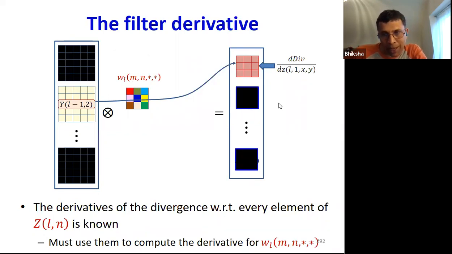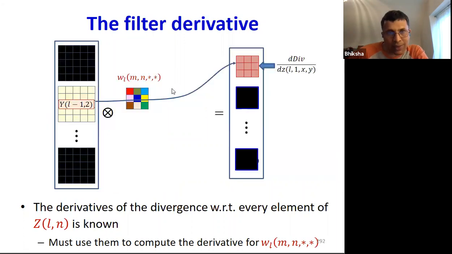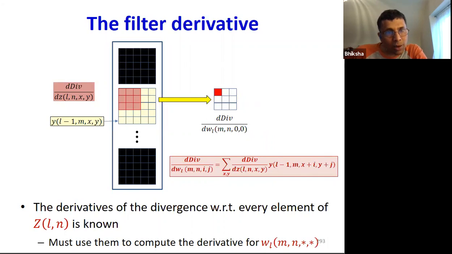This is for WMN. And here's what we're going to do. All I'm going to do is take this derivative map quite literally as is without any further ado, and I'm going to place this on my activation map of the previous layer and just perform a convolution. That's about it.